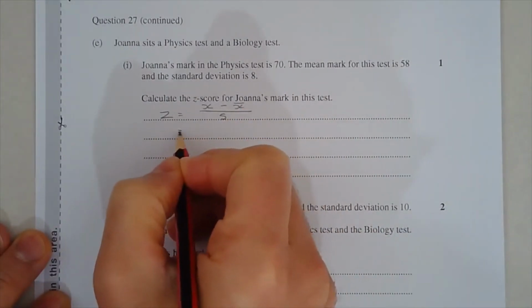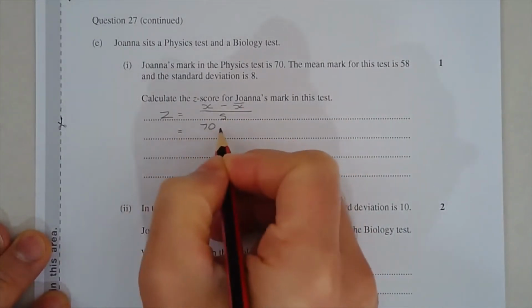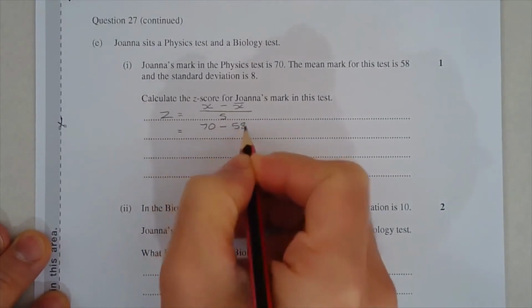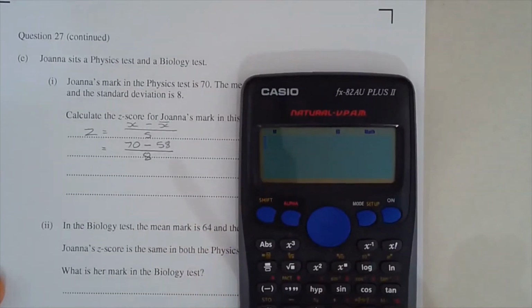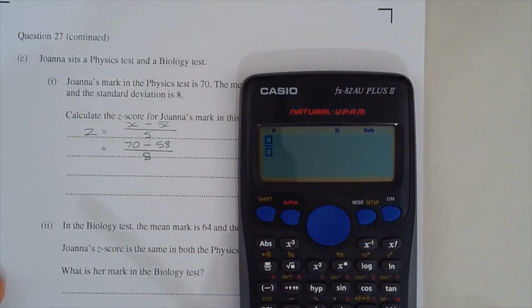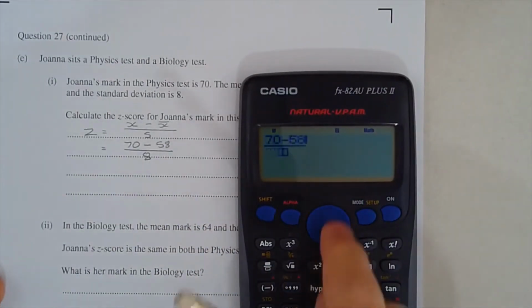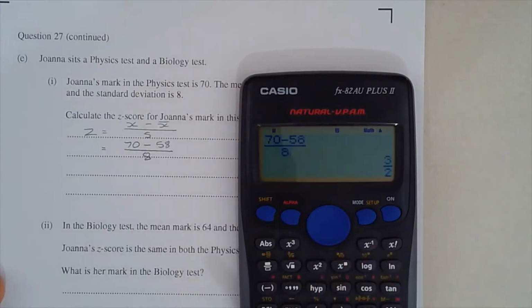That's going to be equal to 70 minus 58 over 8. Entering that expression in the calculator, we get 3 on 2, which is 1.5.